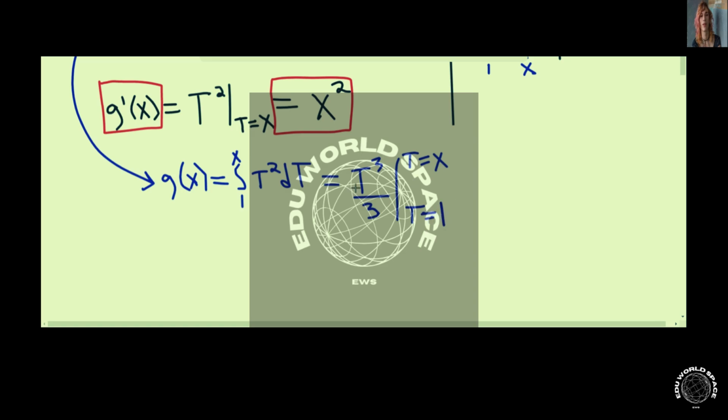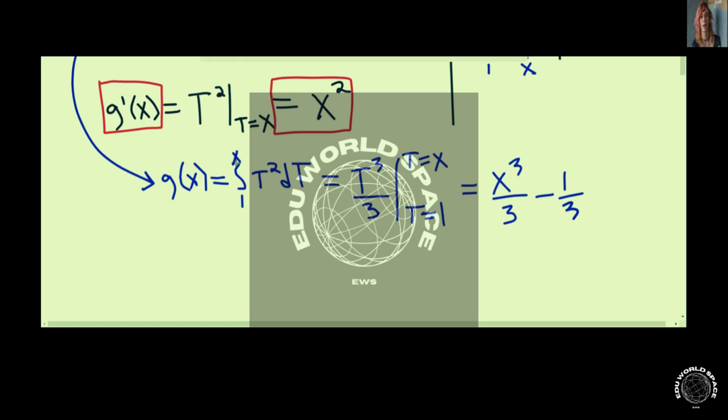So that simply means plug in x into this expression and then subtract 1 plugged into this expression. So t cubed over 3 when t is x is x cubed over 3. And then subtract, and then plugging in 1 for t, t cubed over 3 when t is 1 is 1 cubed over 3, or just 1 over 3. So that's our g of x function.